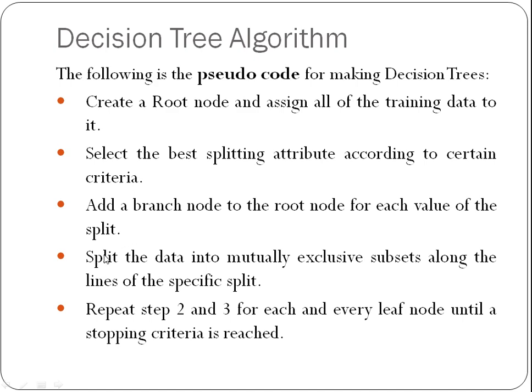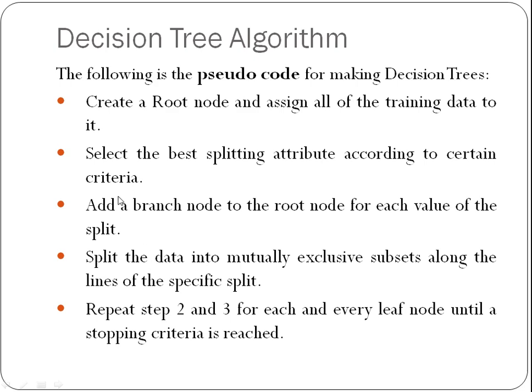Then at the branch level we will split data into mutually exclusive subsets along the lines of the specific split. For example, if we decide to split based on age, the branches would be young, middle, and old, and for the particular branch where we have young, we are going to assign only the subset of the data which belongs to age young, and so on for the other two branches.